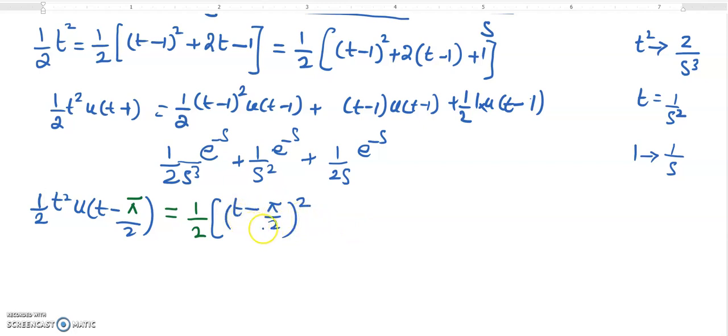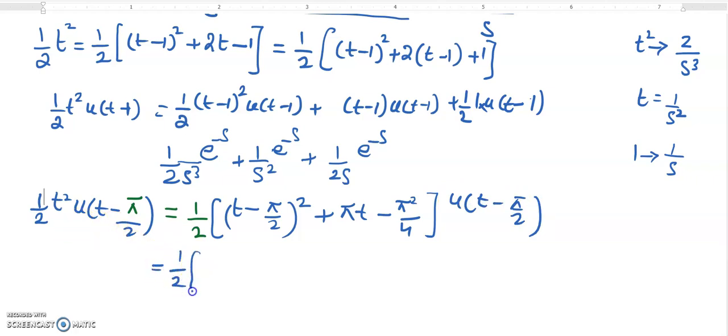Since it has to be t squared, the expanding terms must be cancelled out. The middle term is actually t squared minus pi t, so we should add pi t over here, and then it is pi squared over 4, so we will subtract pi squared over 4. So it will be u(t minus pi by 2).